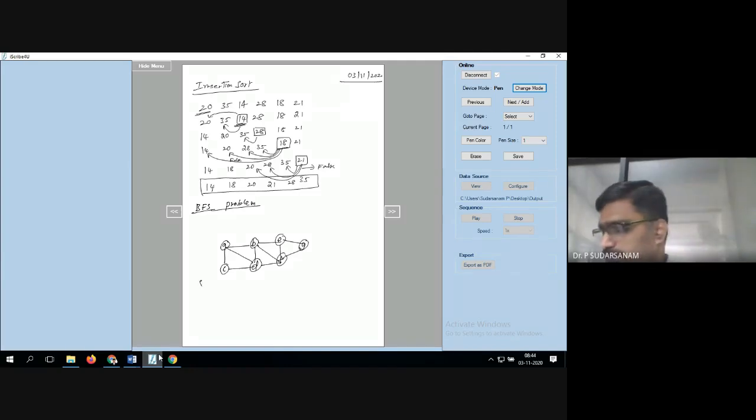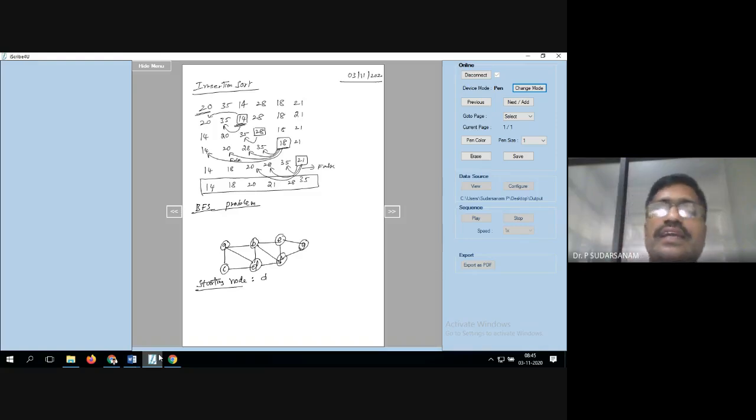So starting node, which one will I take? I'll take D. In the exam also they will be asking for any node which they want. So the starting node is D.